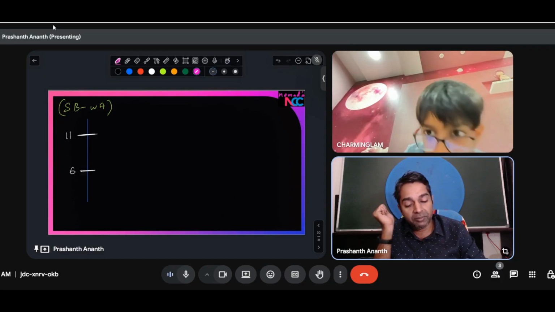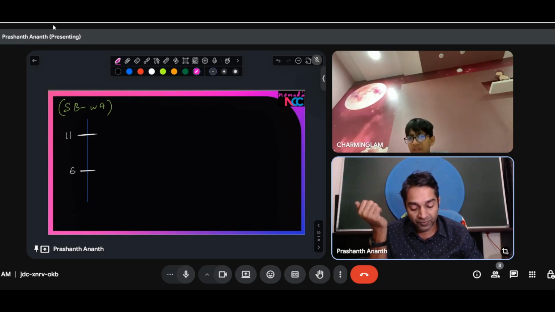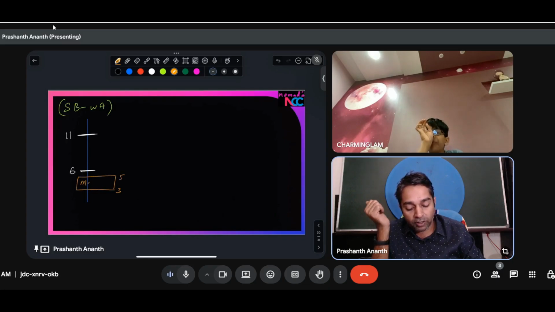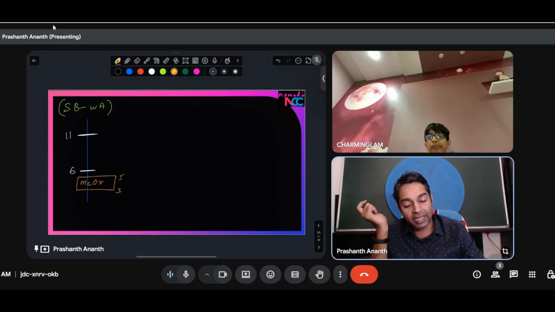I have phenolphthalein and methyl orange. So let's take methyl orange. What is the range of methyl orange? 3 to 5. That is going to be the indicator range over here. If the indicator's box is fitting within that particular jump, then you can use that indicator.